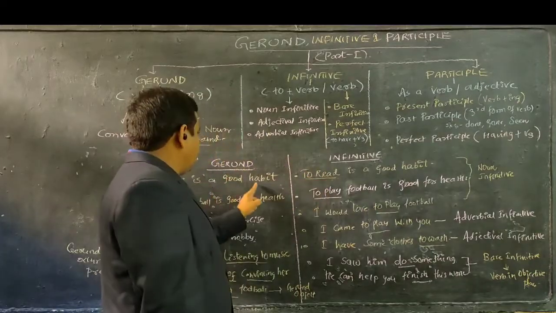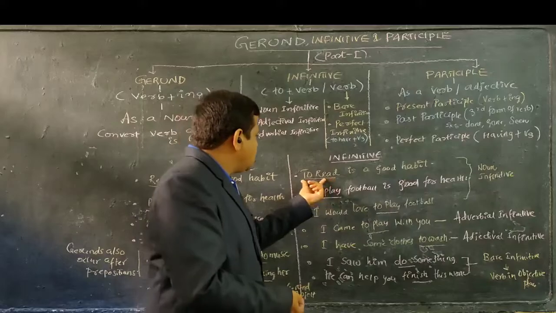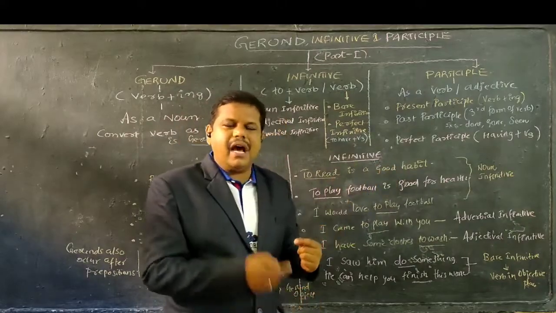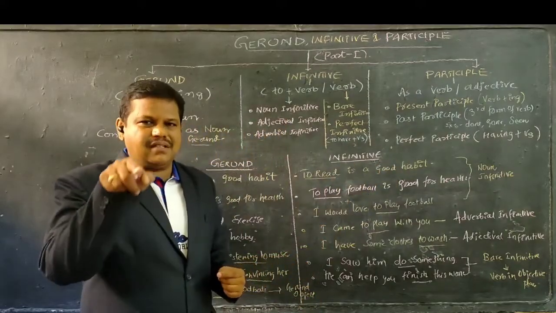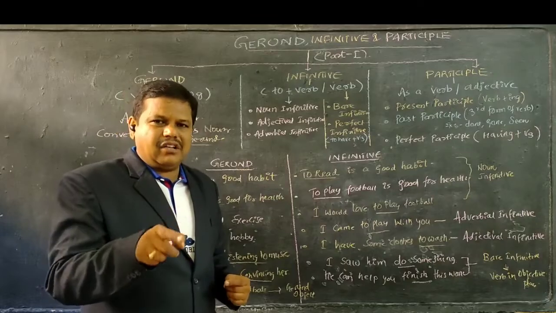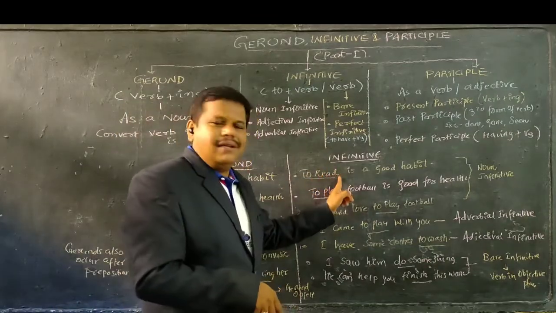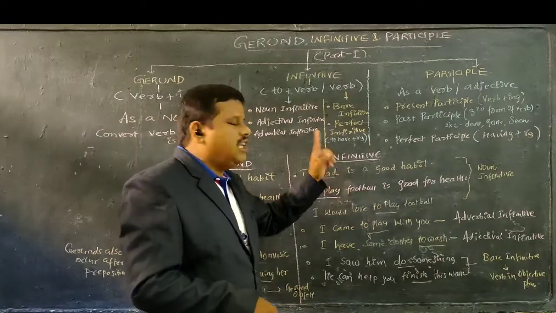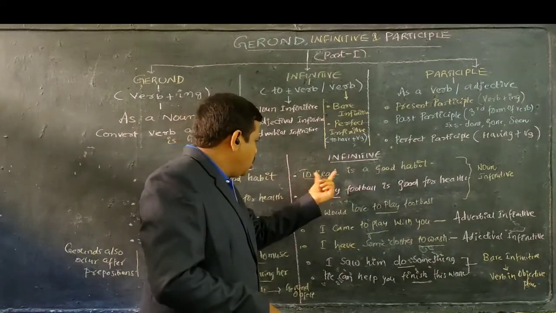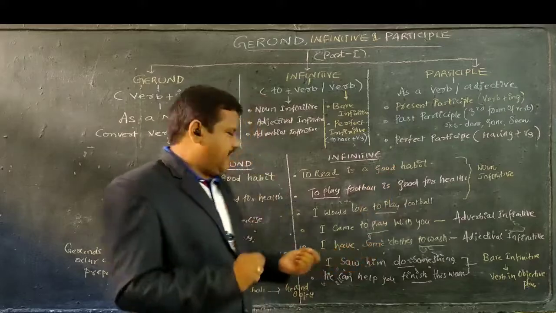Example: reading is a good habit, I am changing it to: to read is a good habit. Now I am writing that verb in the subject place as to plus verb 1, that is called an infinitive: to read is a good habit.